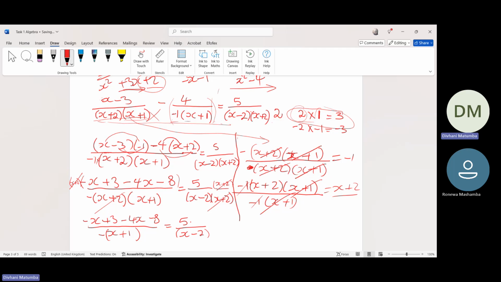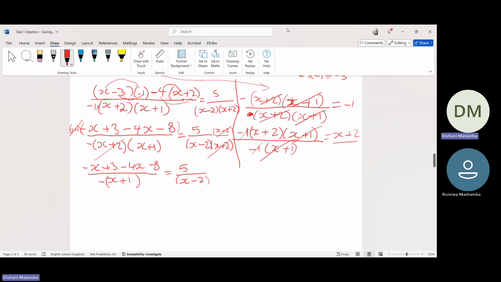Okay, now from here, I believe in cross multiplication. We're going to cross multiply. So if we cross multiply, we will have x minus 2 times that entire expression, minus x plus 3 minus 4x minus 8.